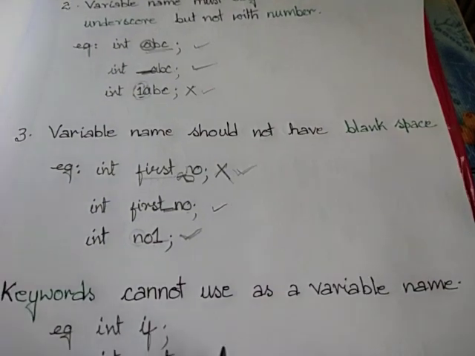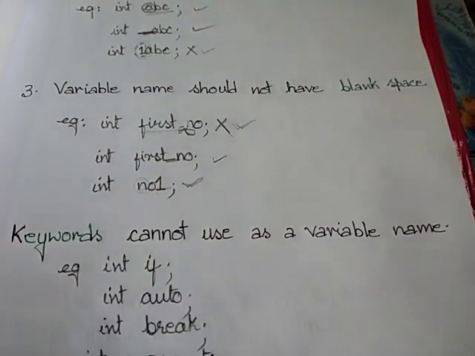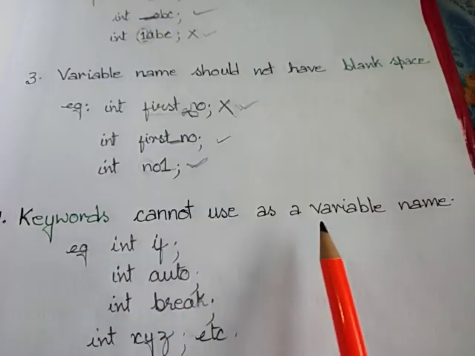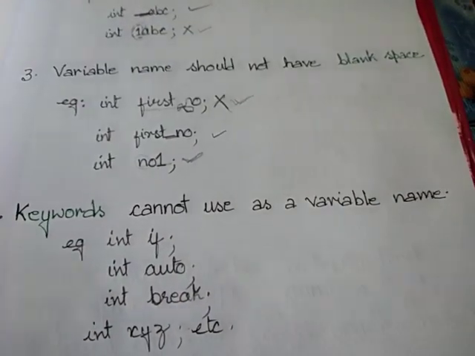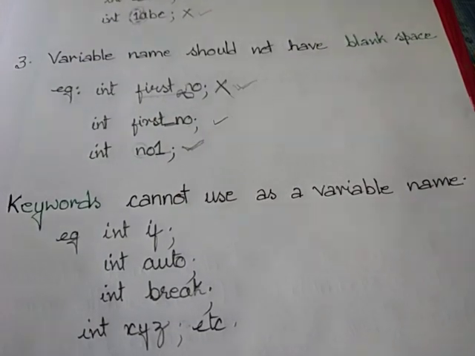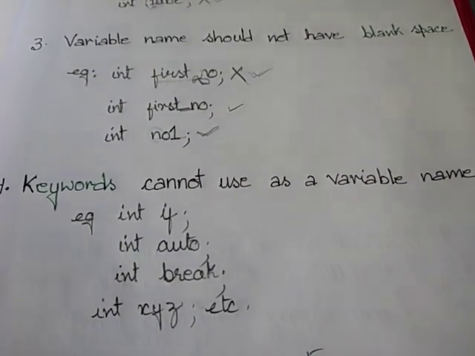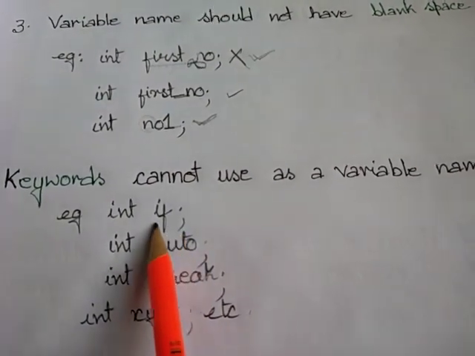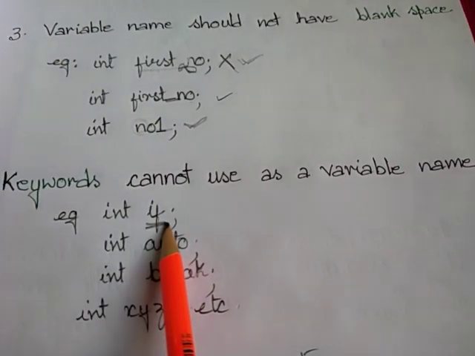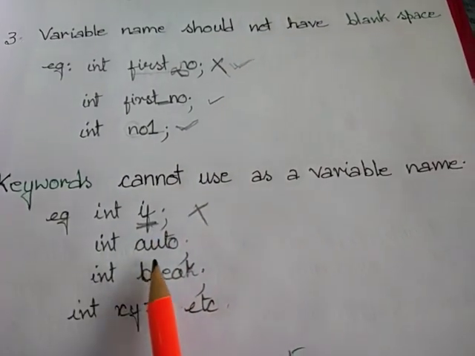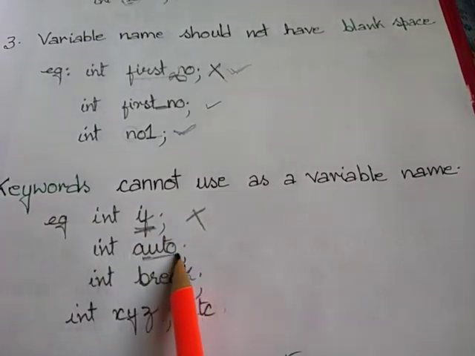Next, we have the fourth rule, that keywords cannot be used as a variable name. Like I mentioned in the previous class, we have 32 keywords in C. Suppose you write the variable name as if. This is not allowed because if is a keyword. Or you write auto.